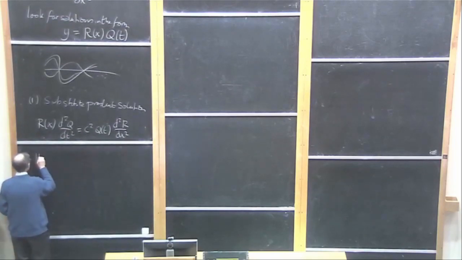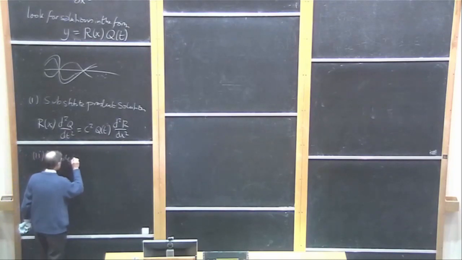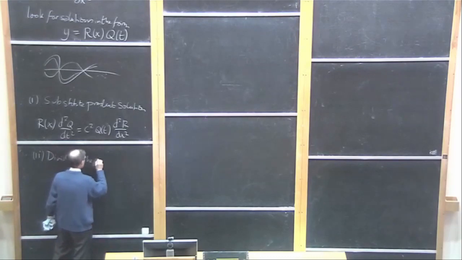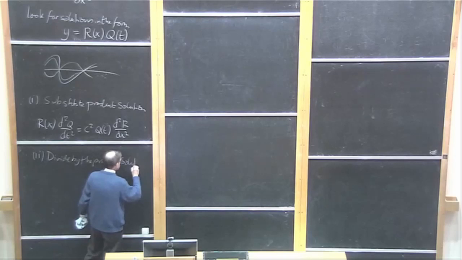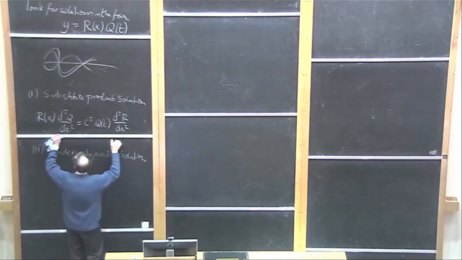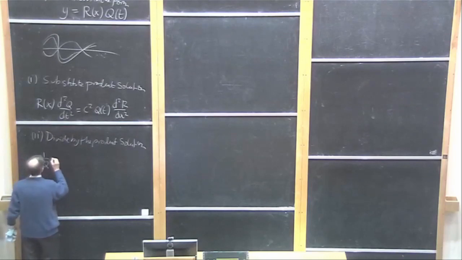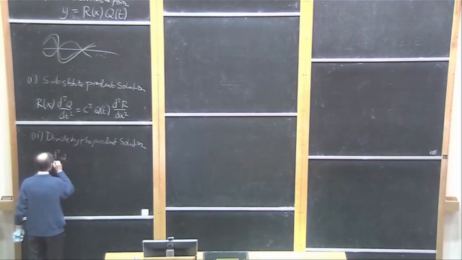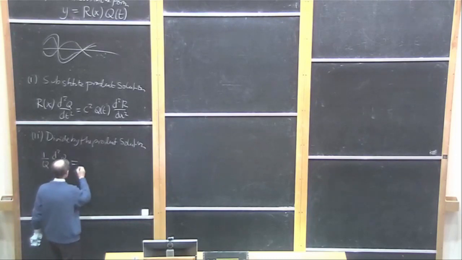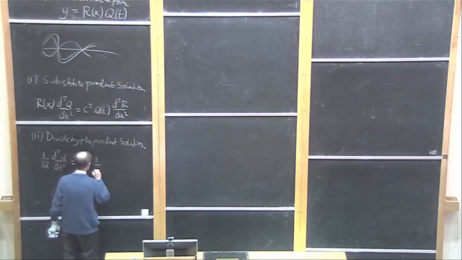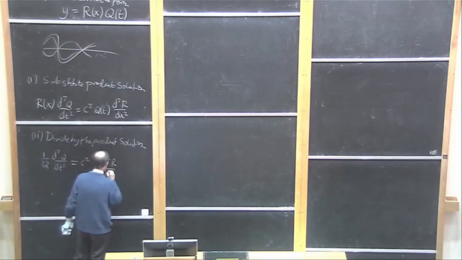Step 2: divide by the product solution. So in that case we get 1 over Q d2Q by dt squared is c squared 1 over R d2R by dx squared.